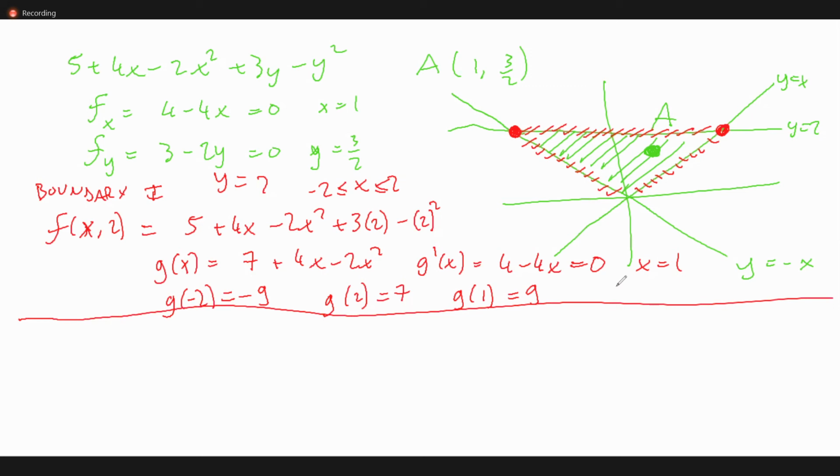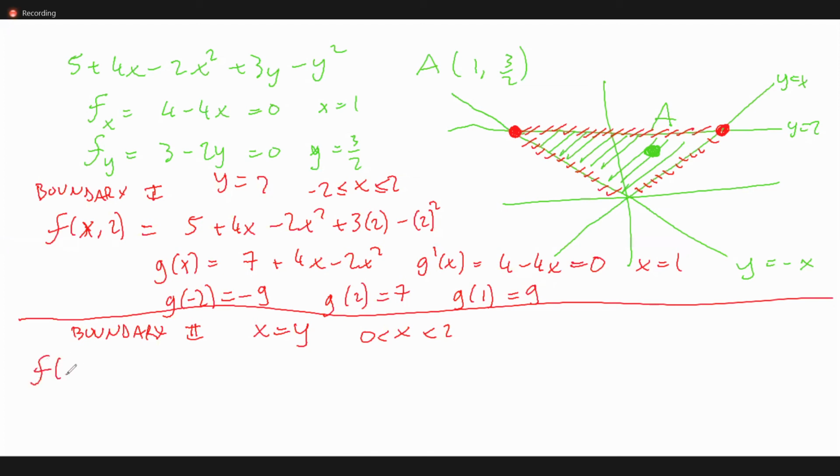Now we look at boundary 2, when x is equal to y, and again, x is limited between 2 and 0.